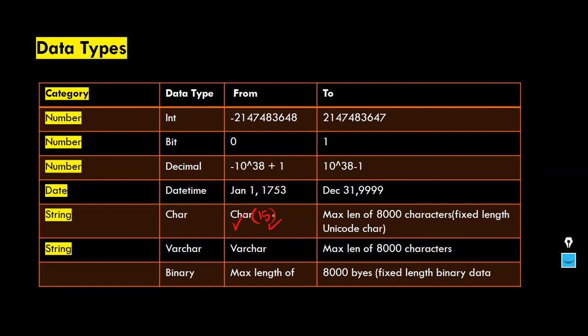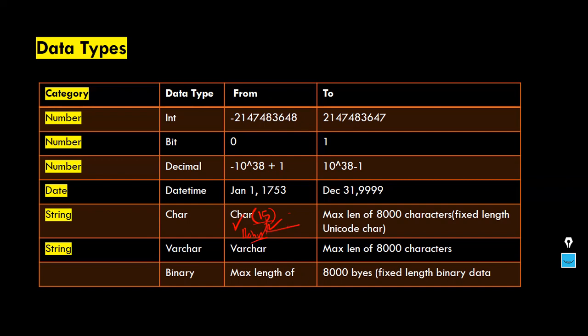If a person's first name is more than 15 letters, what will happen? Up to 15 letters will get stored, the rest will get truncated. That is fine. But let's say I have a person named Babu, only 4 letters. In that case, what will happen is just 4 letters are there, but what about the remaining space allocated, right?